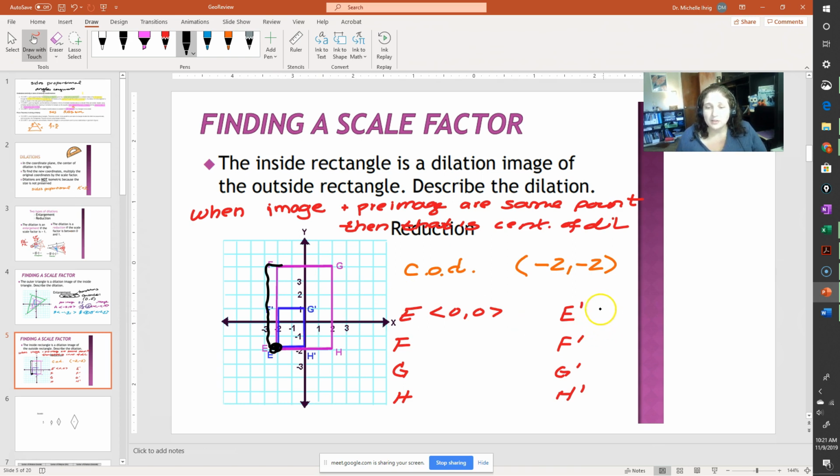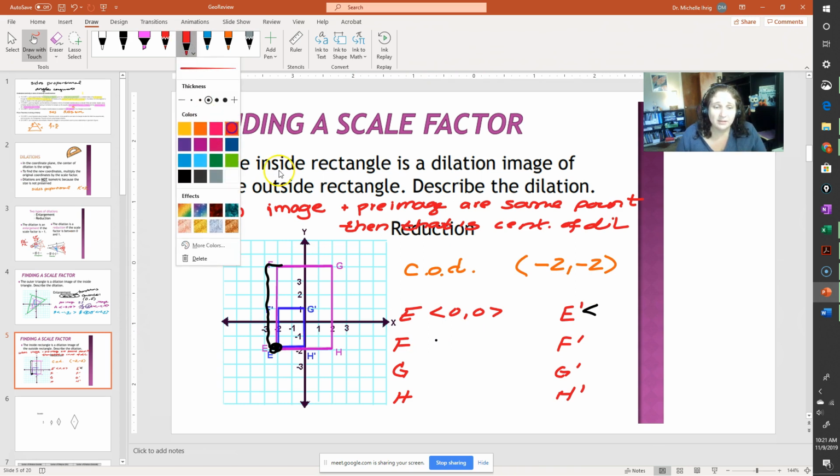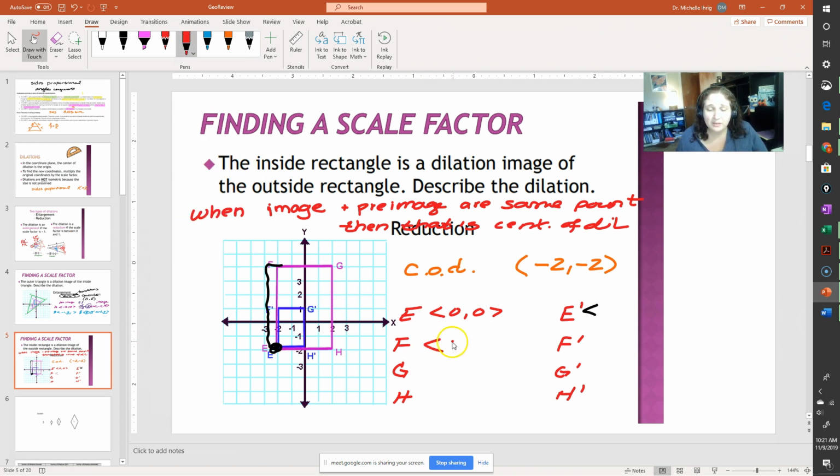So to get from E to F, my x vector value is going to be 0 because I did not move left or right. However, I still go up 6 boxes. So that means my y vector is going to be 6.